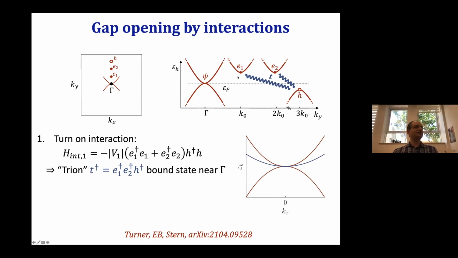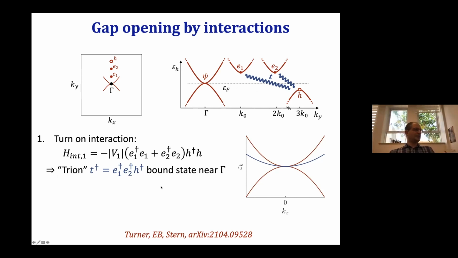It's a bound state of two electrons, E1, E2, and one hole, H. Okay, so it's a bound state which is a fermion, and it's a fermion with charge 1 because it's two electrons and one hole. So this is a so-called trion. Such excitations actually exist in semiconductors.